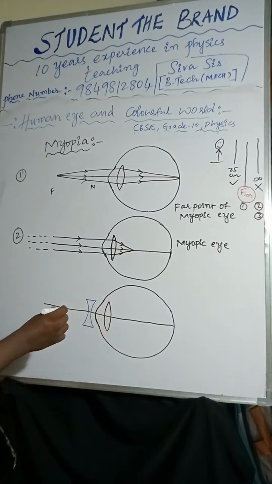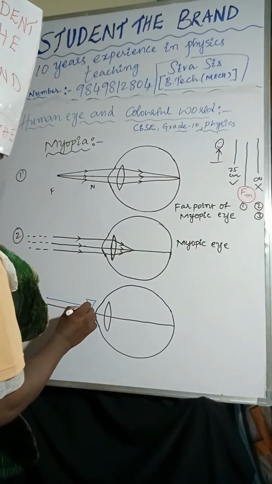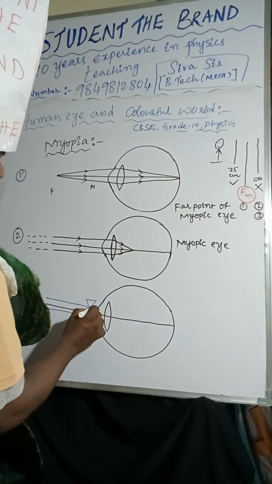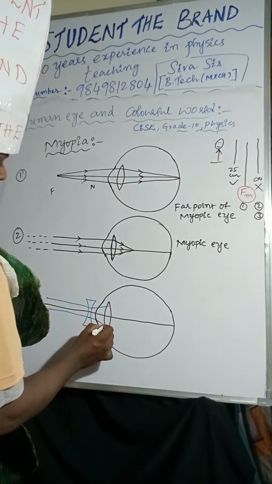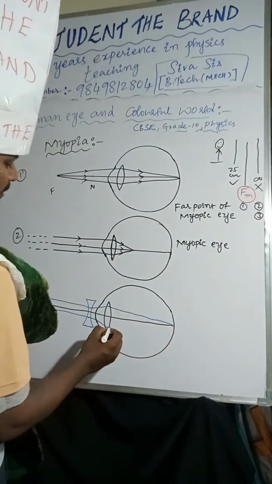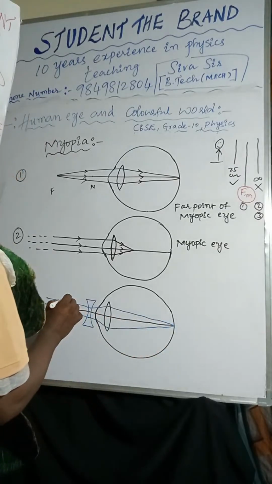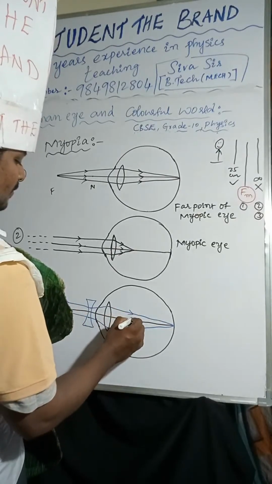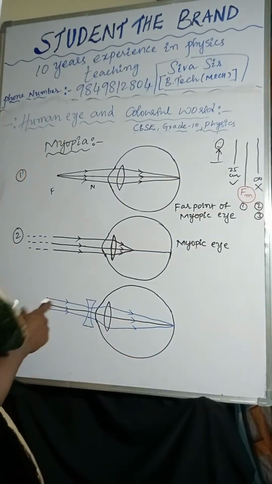I'm taking two light rays, and after that they will meet. Okay, so this is a concave lens.